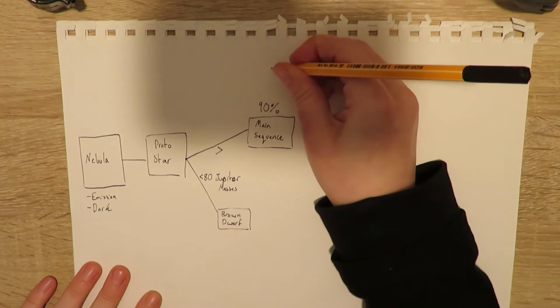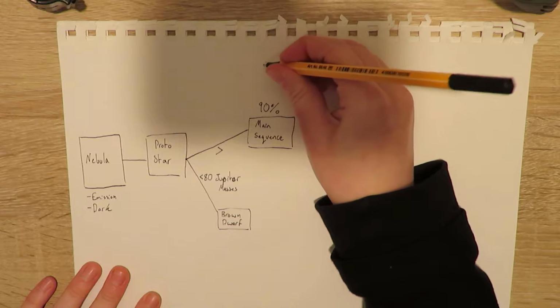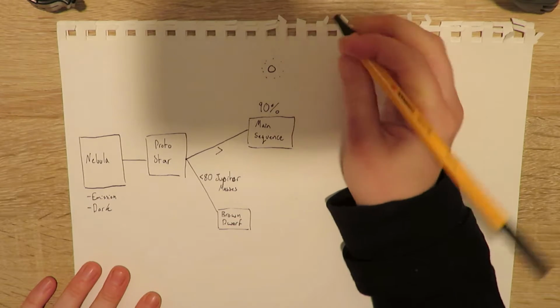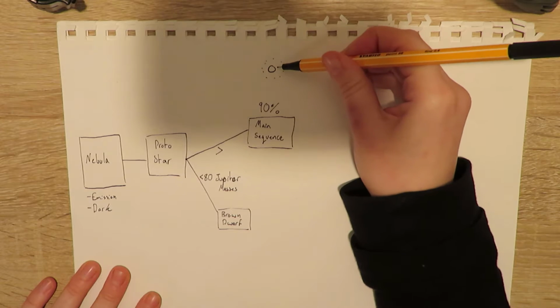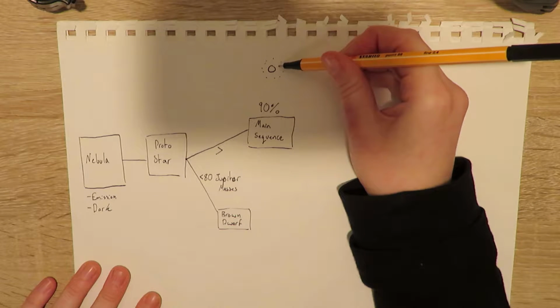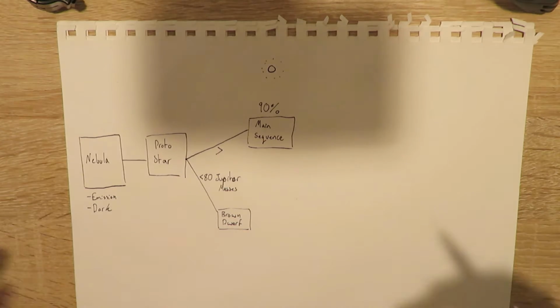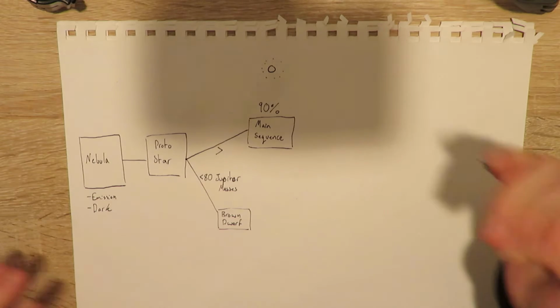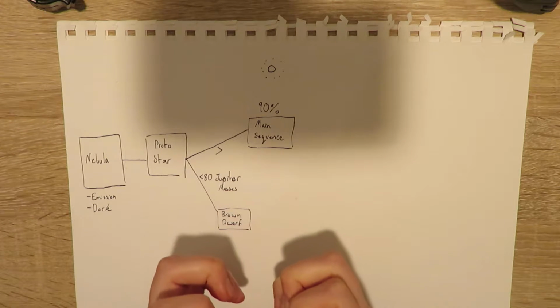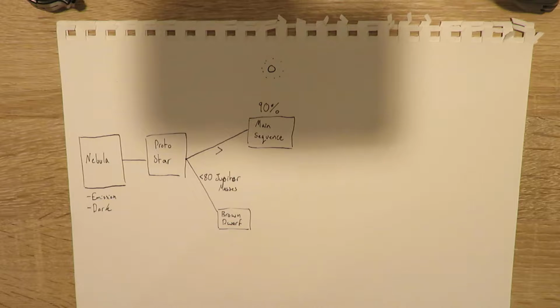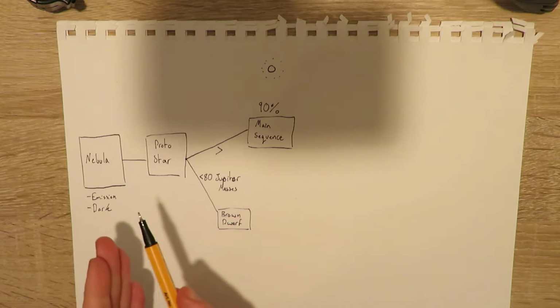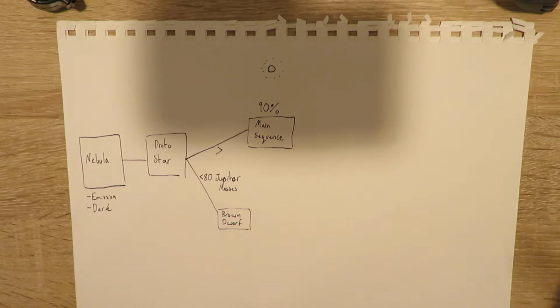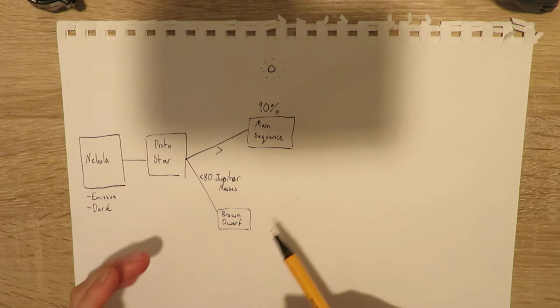A star is made up of a core with a shell around it, and typically the shell doesn't actually fuse anything, it just sort of sits around the core. And the core is kind of crunched in by the shell, and the force of the gravity from the shell on the core generates heat, and there's a direct relationship between how heavy that star is then and how hot the core is.